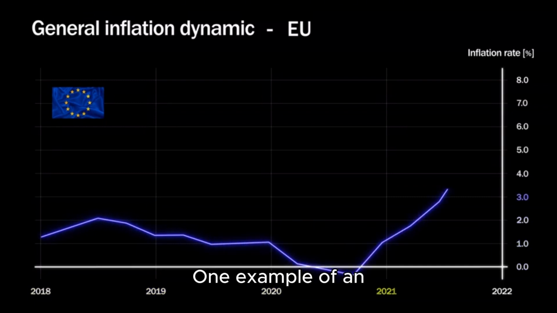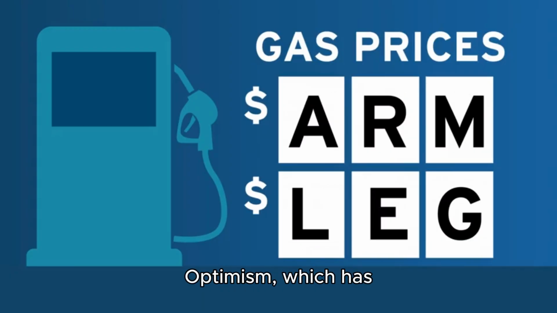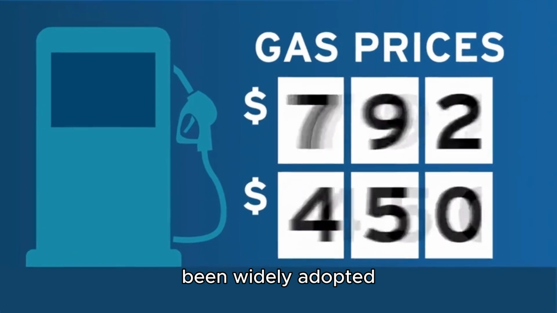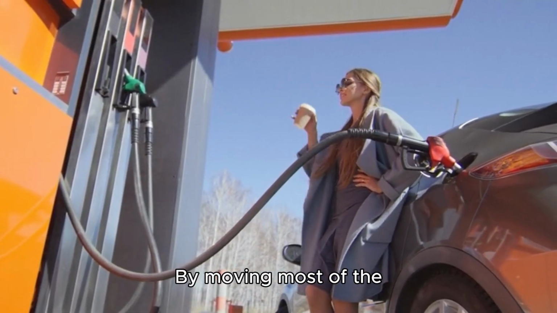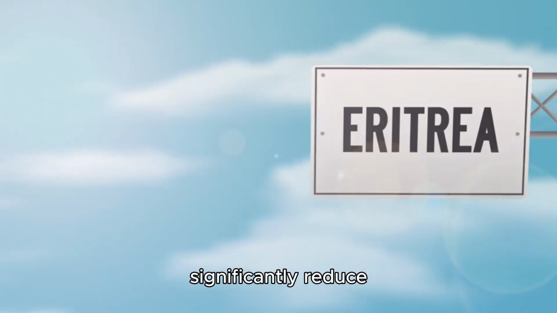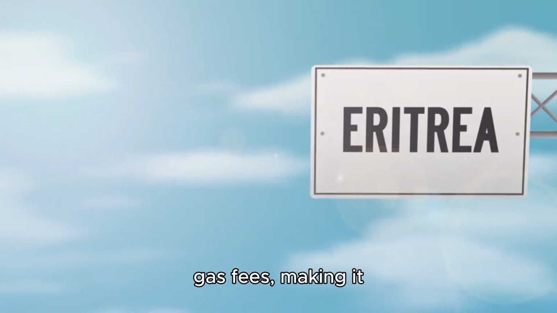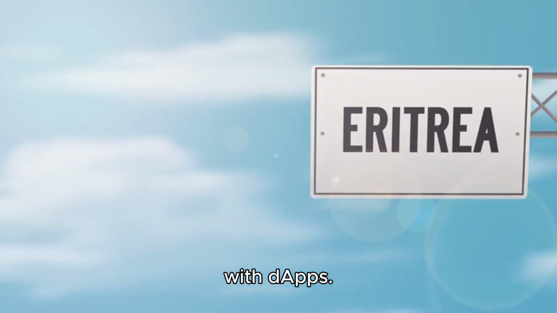One example of an optimistic rollup solution is Optimism, which has been widely adopted for scaling decentralized applications. By moving most of the computation off-chain, Optimism can significantly reduce gas fees, making it more affordable for users to interact with dApps.